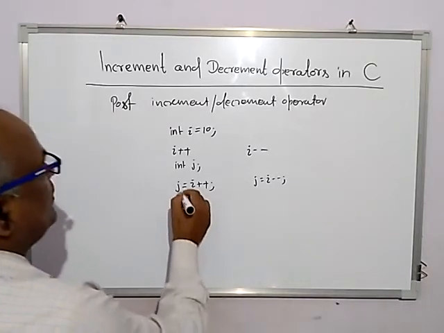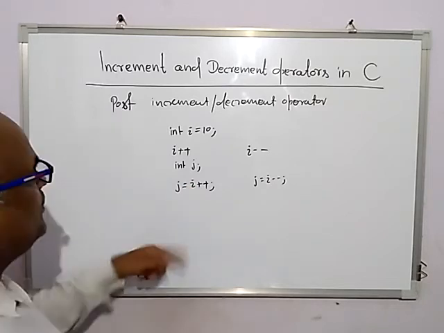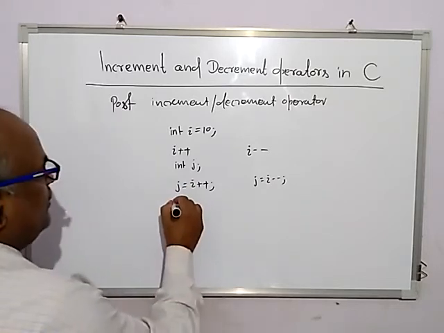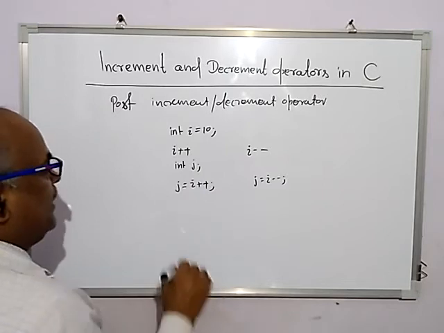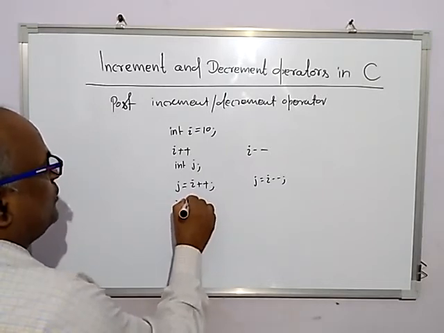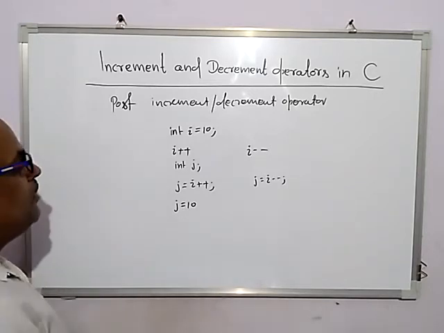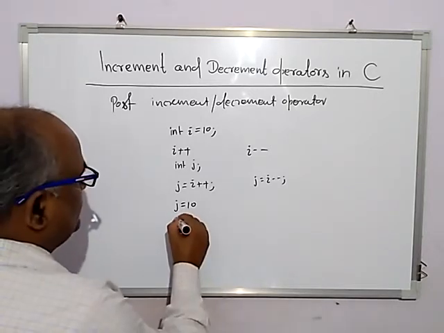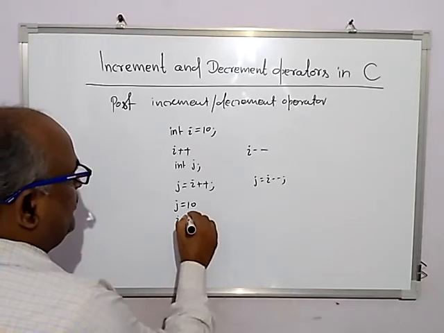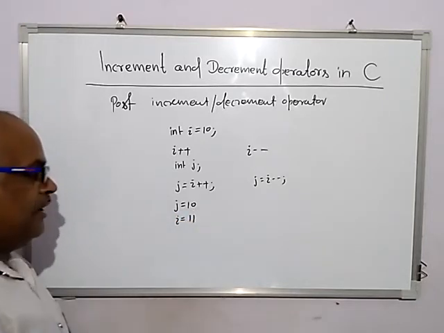So in this case, what will be the value of j and what will be the value of i? Here, j is assigned the value of i first, so now j equal to 10. What will happen for i? It increases the value of i by 1. That means after assigning the i value, it increases, so i equal to 11.